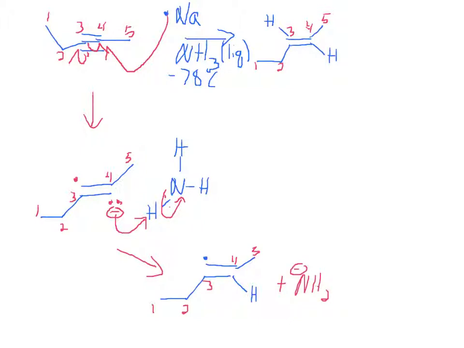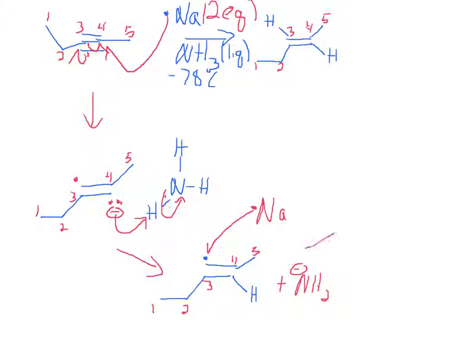Now we should go back up and ask how much sodium we need. We need at least 2 equivalents of sodium. We've used one, and now we need another equivalent. So another Na dot comes in, and again, sodium is willing to give up an electron, so it gives an electron to carbon 3, with a fishhook arrow.